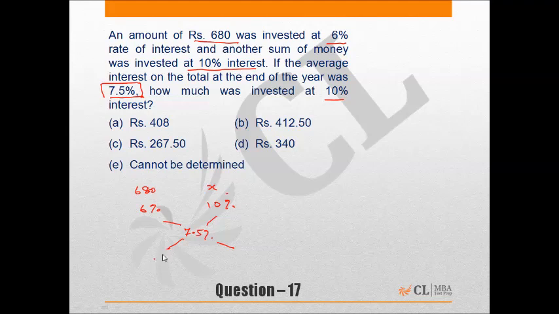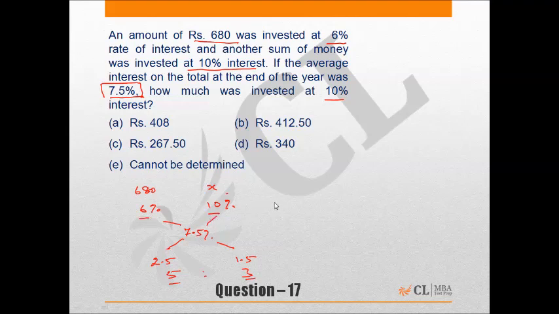Or in other words, this should become 10 minus 7.5 is 2.5 is to 6, this is 1.5, or this is 5 is to 3. Or in other words, for every 5 rupees invested at 6%, 3 rupees have been invested at 10%.